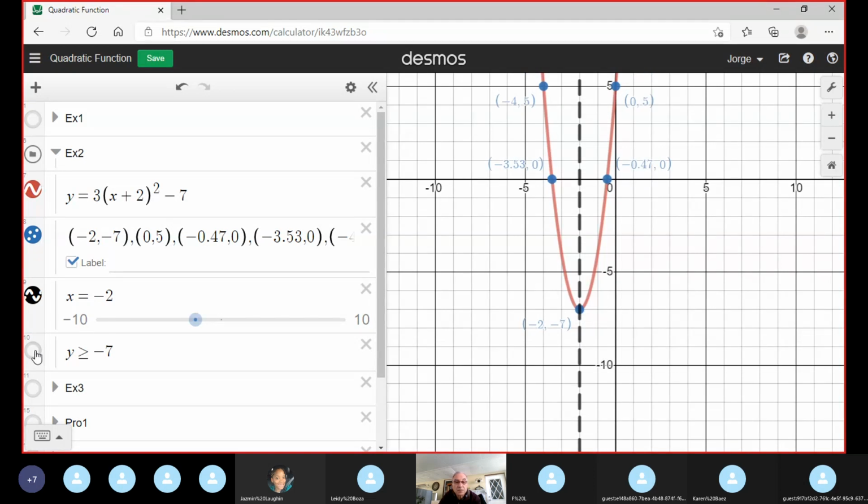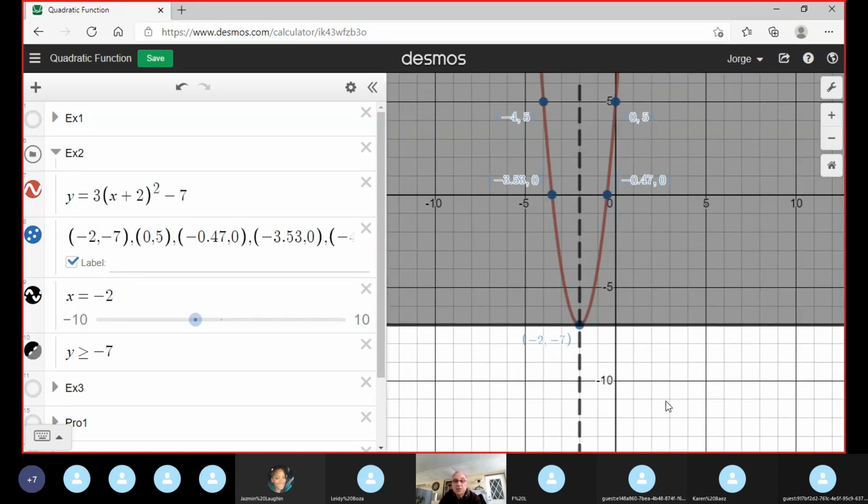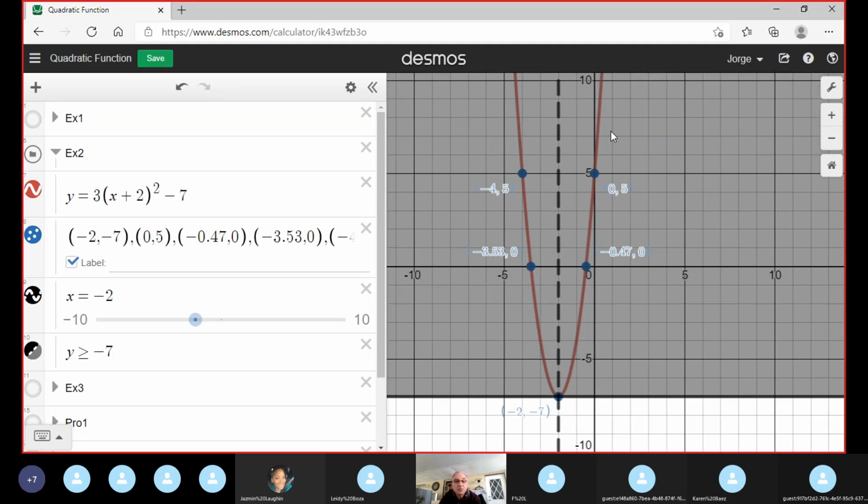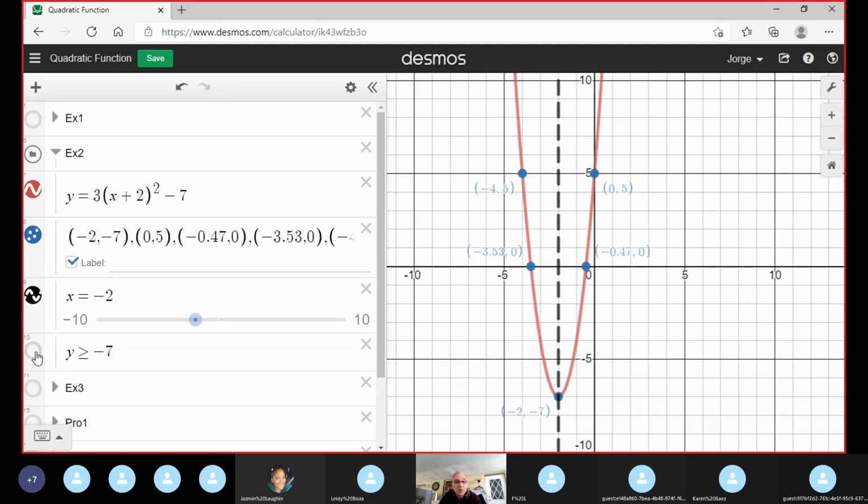This is the range. Okay, entonces let me switch again to the whiteboard. And whiteboard, let me finish the job.